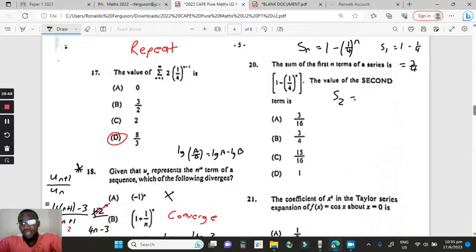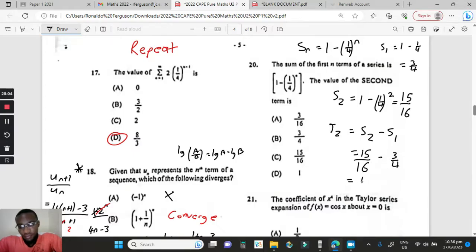Then S2 is 1 - (1/4)², which is 15/16. So term 2 is going to be the sum of the first two terms minus the sum of the first term. So 15/16 - 3/4. That's 15/16 - 12/16, which is 3/16.